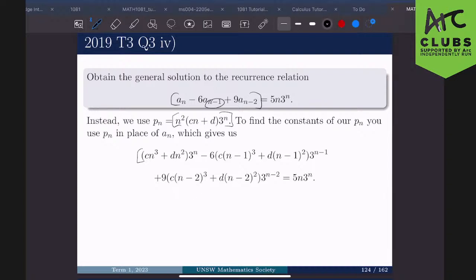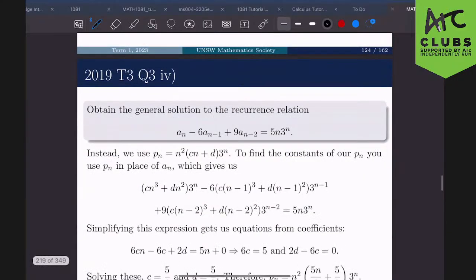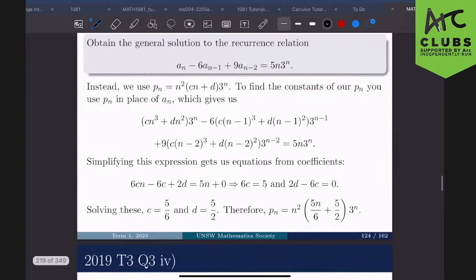So after a lot of very careful manipulation, we can eventually equate coefficients. The first step here, if you're not sure where to go from this line, I divide by 3^(n-2). So you'll be left with a 9 here, and they'll be cancelled out and so on. I believe that's correct.